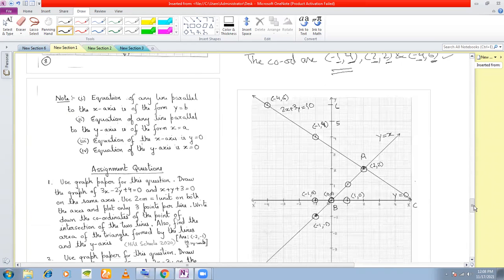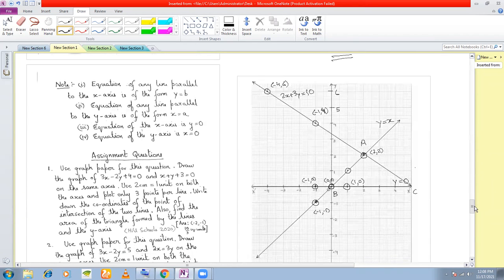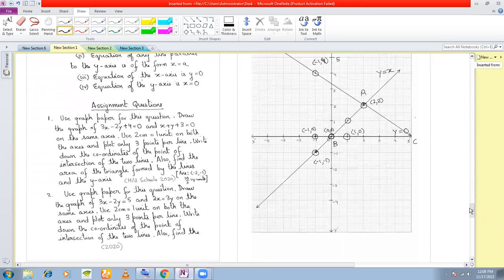Anyway. So if you have to find out the area of this triangle, what should be the area? First of all, from here, if you draw a perpendicular, let's call this M. So here, what is the length of AM?